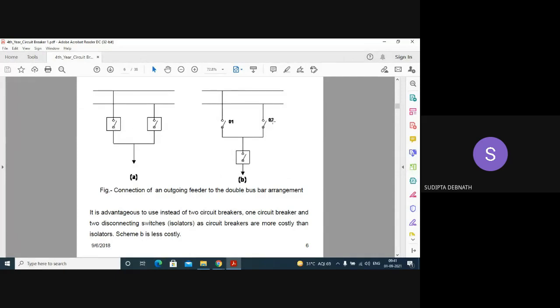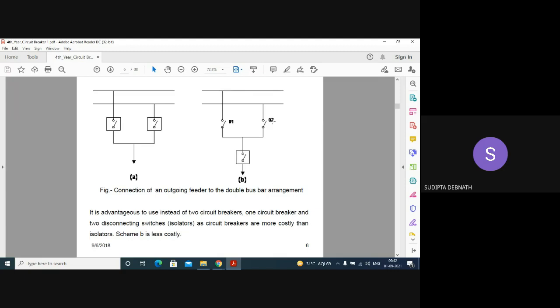Isolators are nothing but load break switches we have used in machine lab, or in power system labs also. In machine lab we have used the isolators. These are manually operated switches. You can understand that isolators are just switches, load break switches. They do not have any sophisticated mechanism.